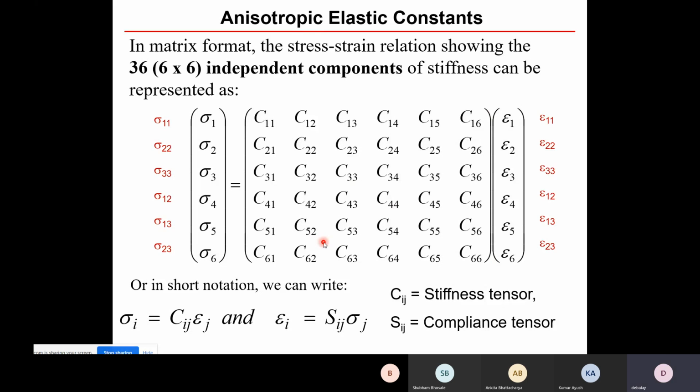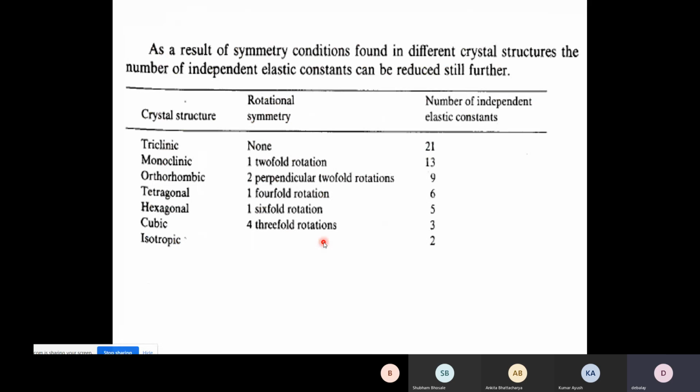The most isotropic-like condition is cubic, because isotropy is an ideal condition and real materials are never perfectly isotropic. So you see the number of independent elastic constants you need to know: triclinic 21, monoclinic 13, orthorhombic 9, tetragonal 6, hexagonal 5, cubic 3, and isotropic, which is ideal, 2.